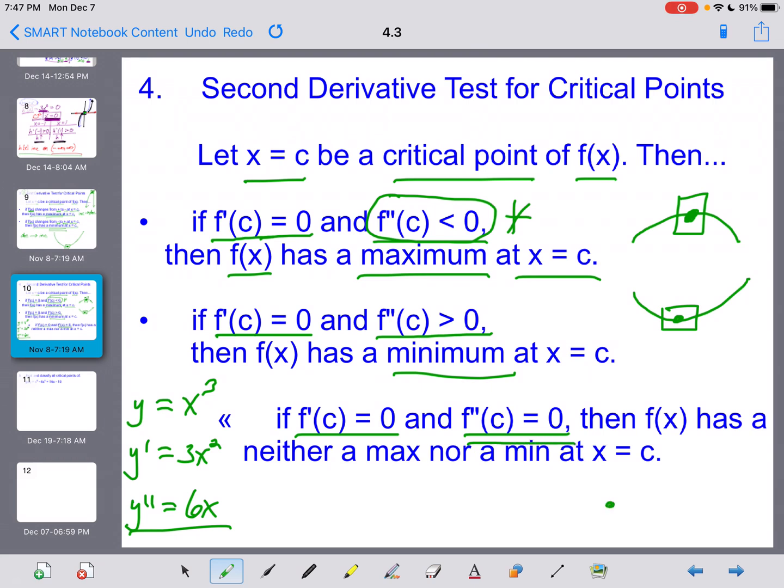So that's what happens in a case like this, everybody, where your first derivative is 0, but your second derivative is 0 as well. And as you can see, since this function goes down to the left of this point, but up as you go to the right, this one is neither a max nor a min. In all likelihood, that's a point of inflection, but that's not even guaranteed either.